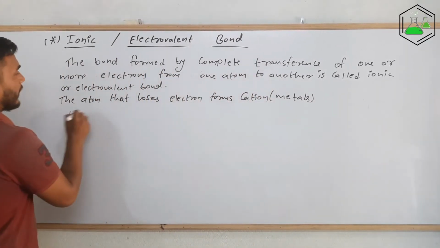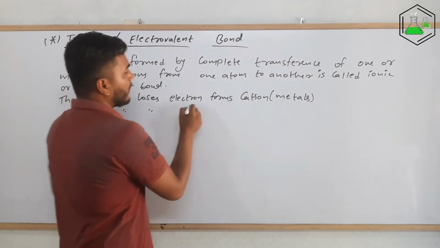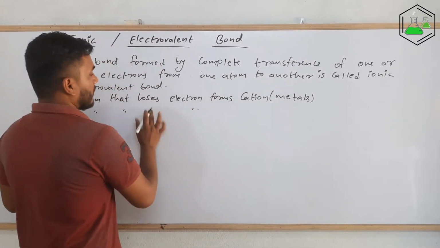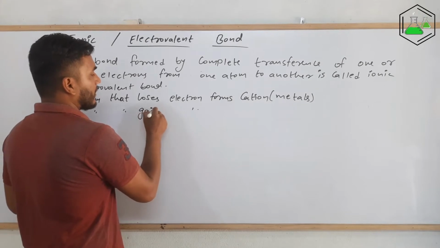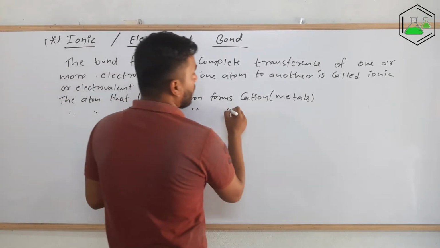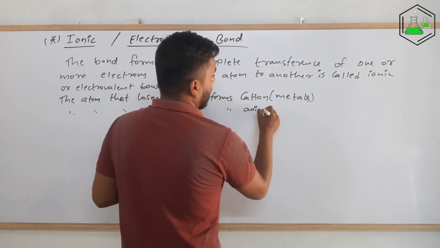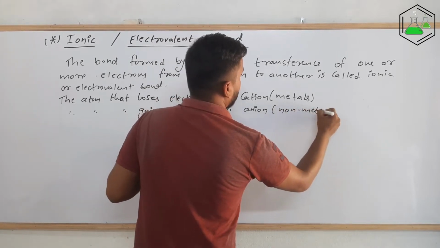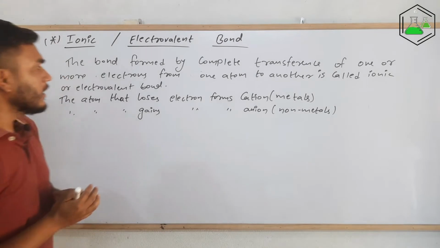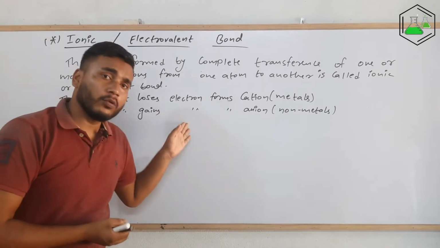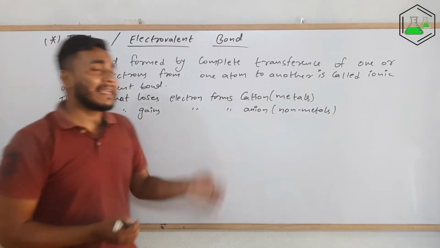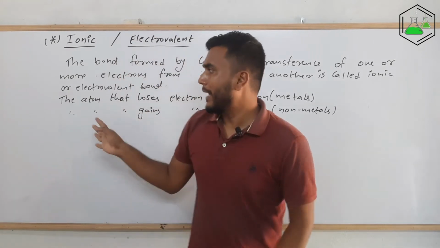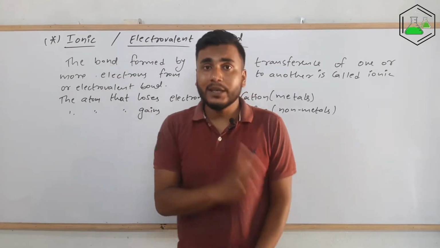Similarly, the atom that gains electron forms anion, generally non-metals. Generally, the metals lose the electrons and the non-metals gain the electron. So this is what happens while forming the ionic bond.